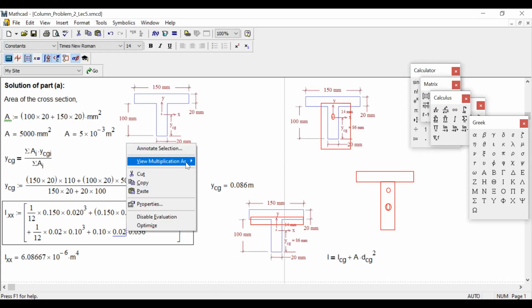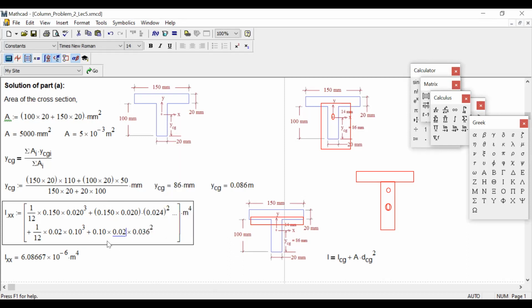So it's A d square. So area is 0.10. Okay. What is the area of this one? 100 millimeter, 0.1, 20 millimeter, 0.02 into d square. So how much will be d square?